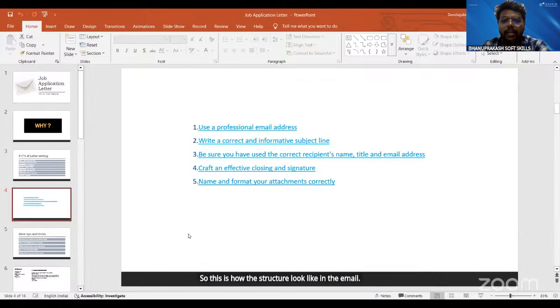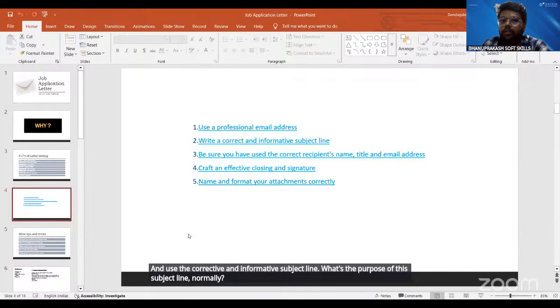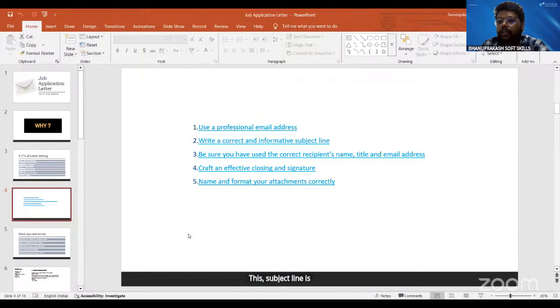And use a correct and informative subject line. What's the purpose of this subject line normally? This subject line is nothing but regarding what exactly the whole email is about, given in a very simple line. That is the purpose. Simply, you are making their work easy.